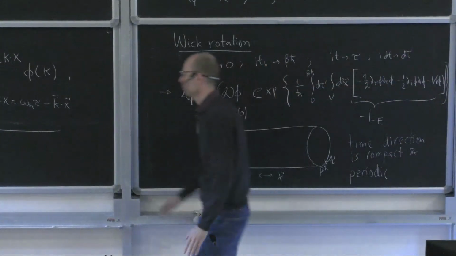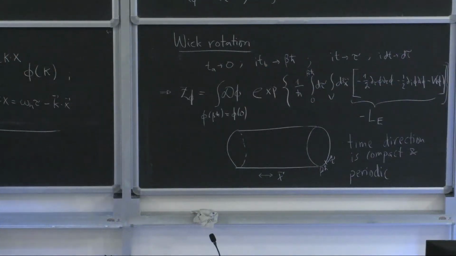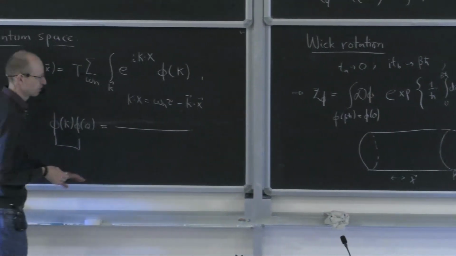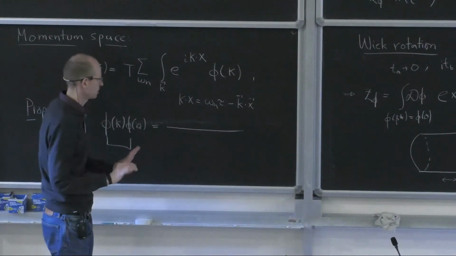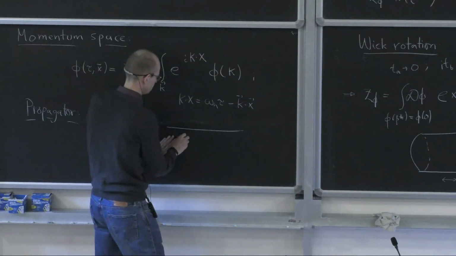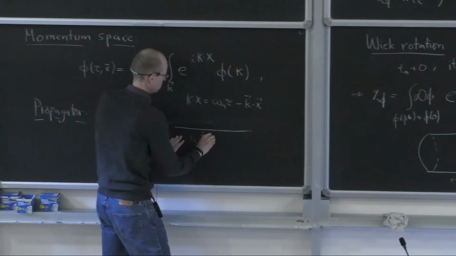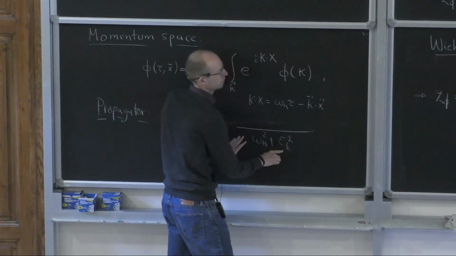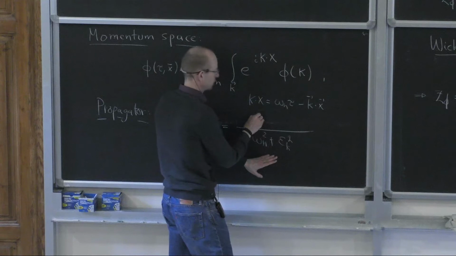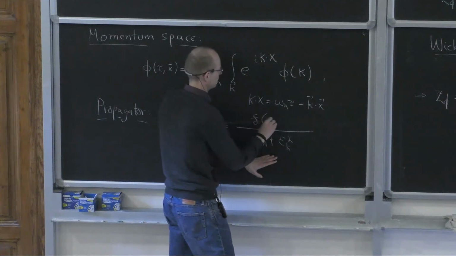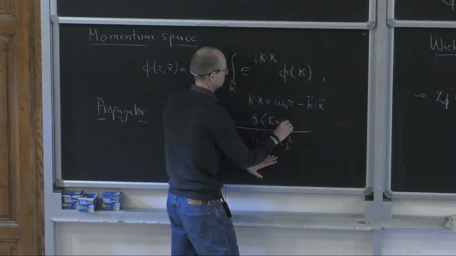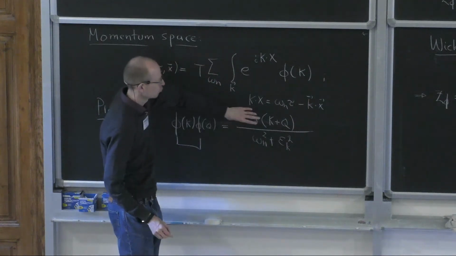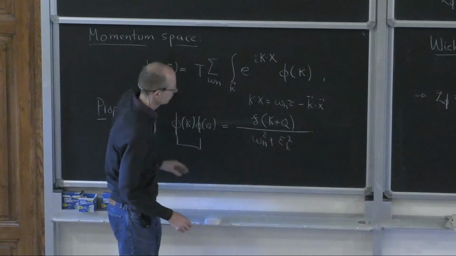So also in the propagator, you don't need to remember where to put the minus sign or where to put some i epsilon for a Feynman prescription. There are none such things here. Everything is really nice and positive: omega n squared plus epsilon k squared, as we had, and then some delta function here. I put a delta bar because there are some 2 pi's and whatnot, but it's not important for us now.